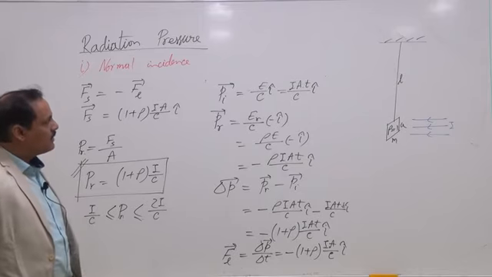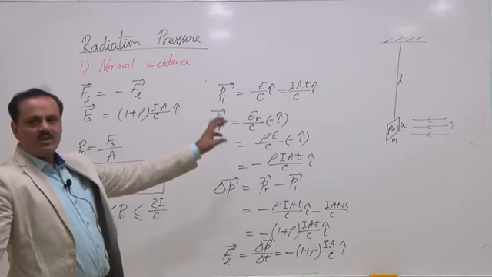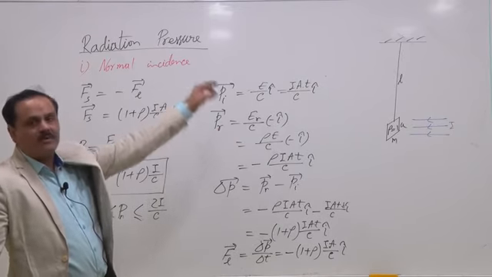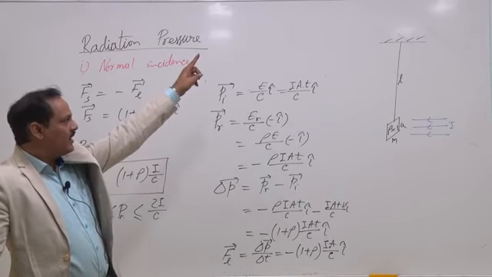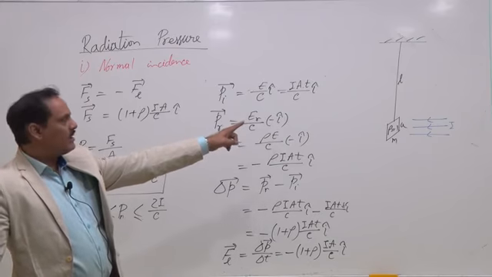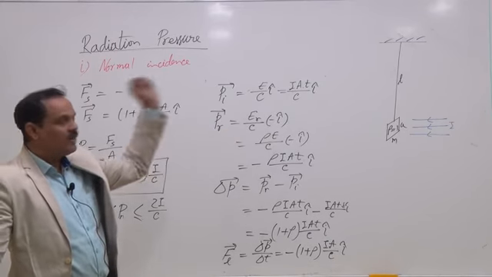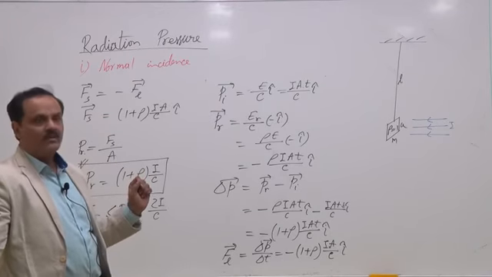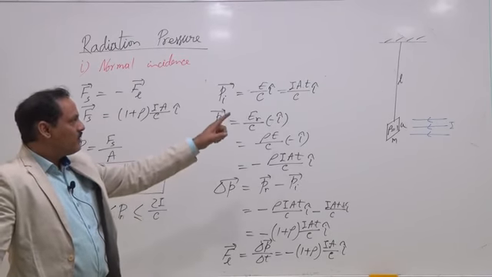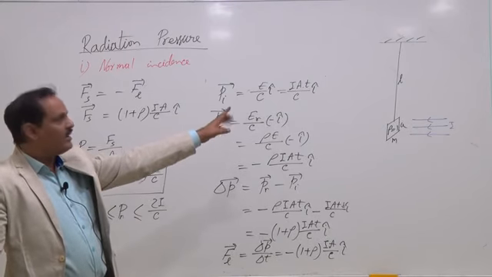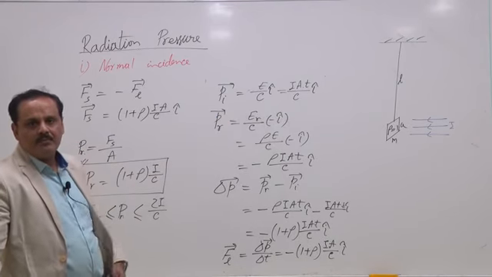So the question is, a small square perfectly reflecting plane mirror is hanging with the help of a string from the ceiling. If a horizontal beam of parallel light of intensity I is falling normally on the surface of the mirror, find the angle made by the string with the vertical at equilibrium.